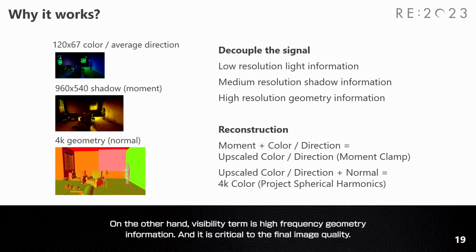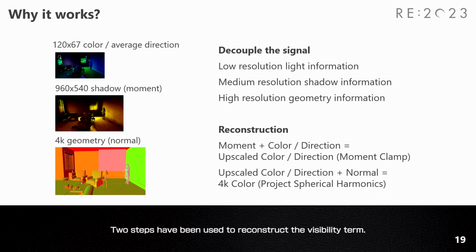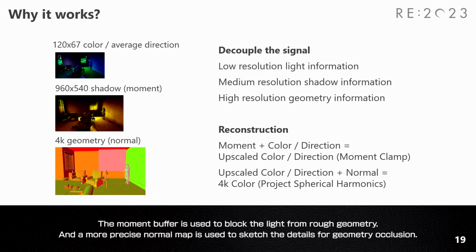On the other hand, the visibility term is high-frequency geometry information, and it is critical to the final image quality. Two steps have been used to reconstruct the visibility term. The moment buffer is used to block the light from rough geometry, and a more precise normal map is used to sketch the details for geometry occlusion.